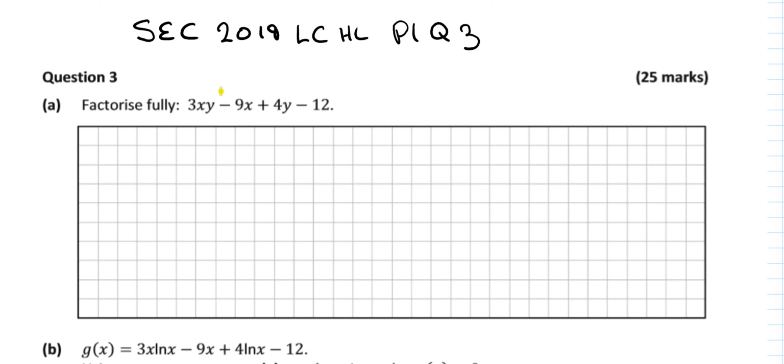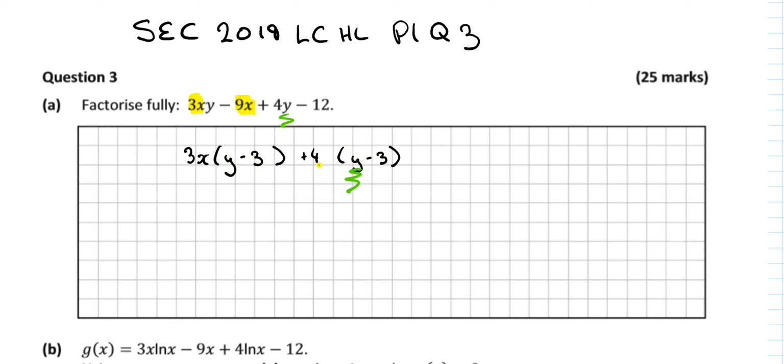Okay, well, looking at it, we can see that we could factorise out 3x from this first part. So go 3x times something. What would be left would be a y and a minus 3. Now see, can we force the second bracket to be y minus 3? y by something is 4y.